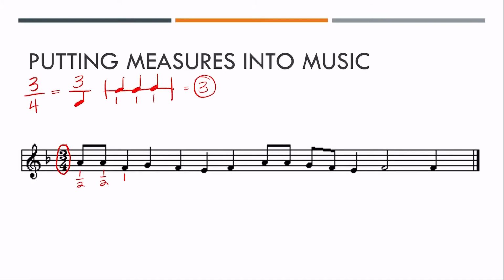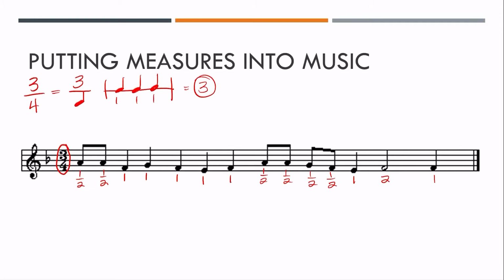Quarter note is 1, 1, 1, 1, 1. Then we have some more eighth notes. Half, half, half, half. 1. Here we have a half note. We remember half notes are worth 2. And last but not least, we have a quarter note worth 1 beat.